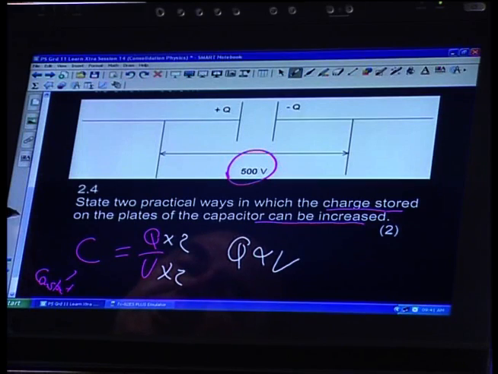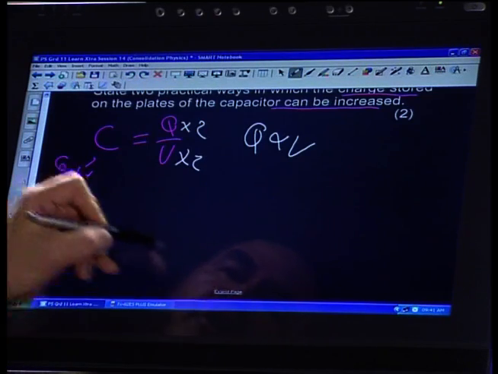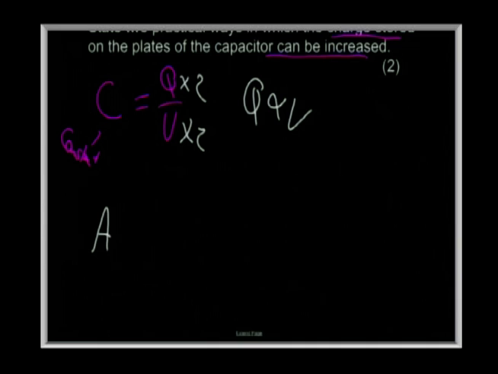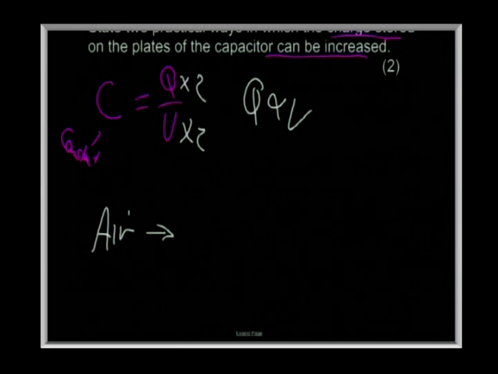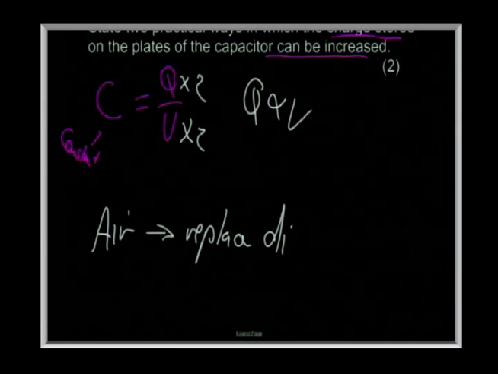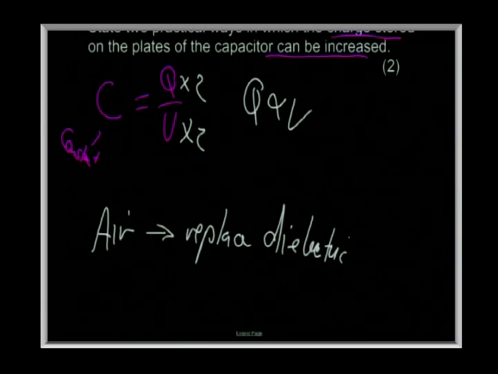Another thing that you could do is you could change the dielectric. So instead of using air, if you were to use a different dielectric, so you could replace the dielectric. That means the stuff between the plates. Instead of using air, you used another substance that has a different dielectric constant, not one. Inserting a different dielectric, what's that going to do?